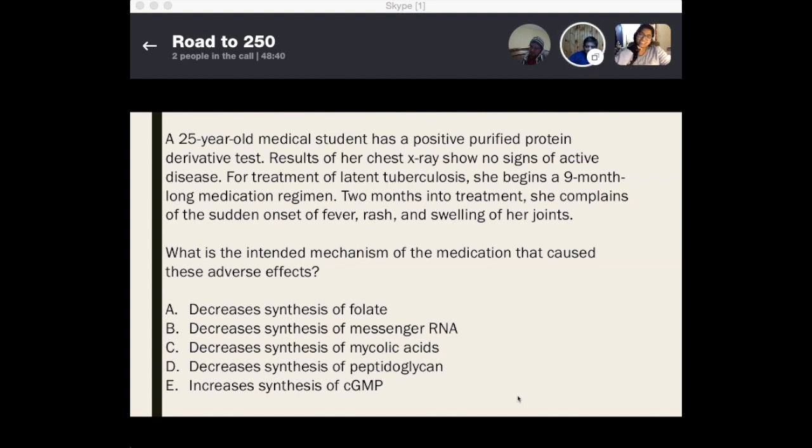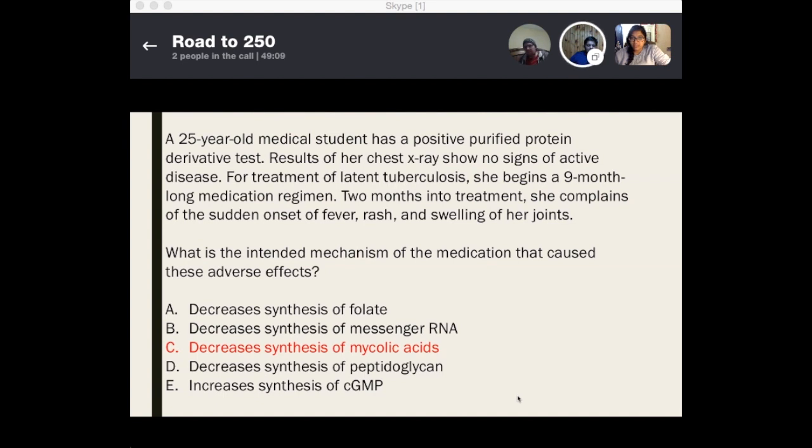Yeah. Alright, and C is correct. This person is on isoniazid to decrease the risk of developing active TB. And yes, it causes a decrease in the synthesis of mycolic acids that make up the cell envelope of Mycobacterium tuberculosis.